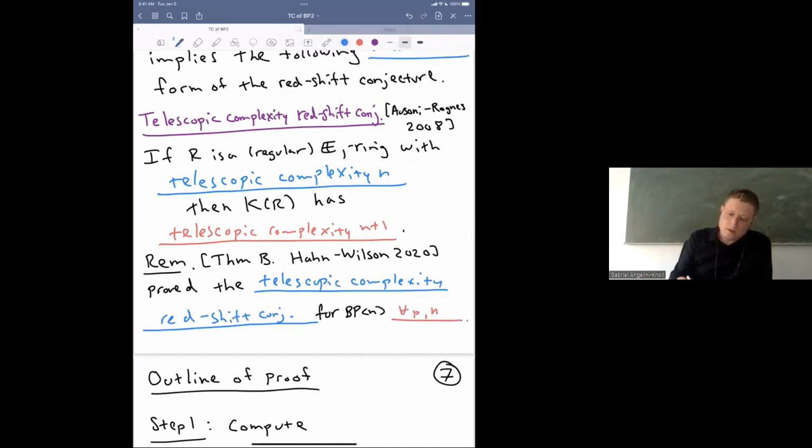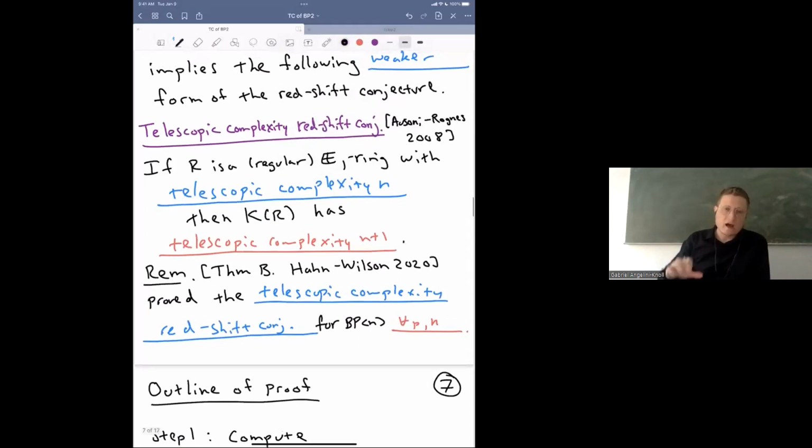And so our result also gives an independent proof of this conjecture in the case p equals 2 and n greater or equal to 5, because we just use Theorem A from Wilson that BP<n> is an E3 ring in our computations. So I just wanted to highlight that there are different notions of redshift conjectures and how these are related.